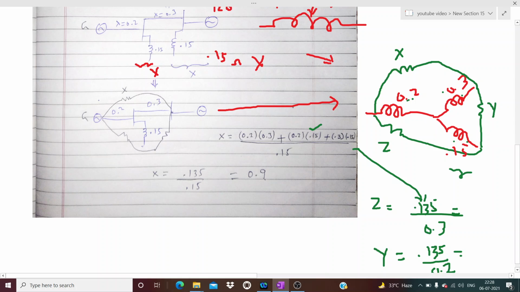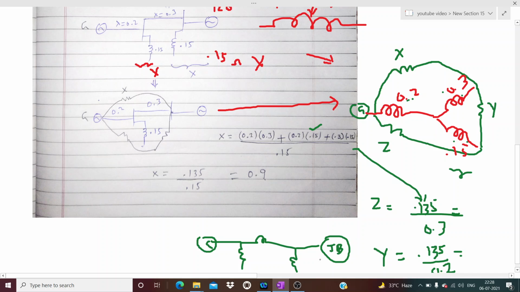The reason is simple. Suppose you have found this z, and this is your generator. Then this z will be in parallel with it, and if you represent it, it will be this type of network. This is the generator and this is the infinite bus.